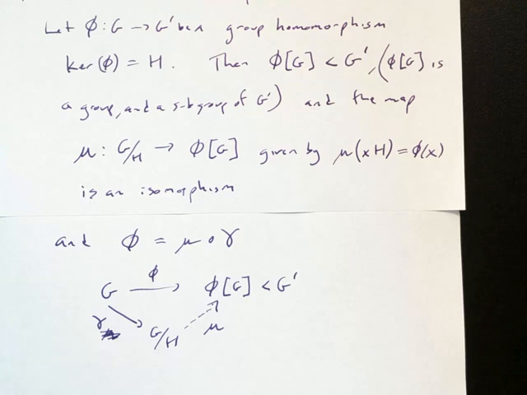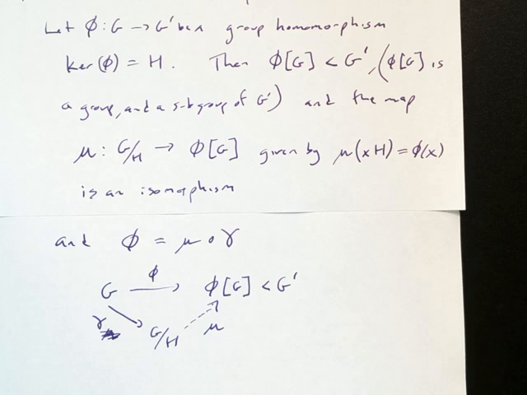What we've really done is we've factored our homomorphism, phi, using this factor group of cosets, and then saying, hey, the structure we get here is isomorphic to the structure we have here.